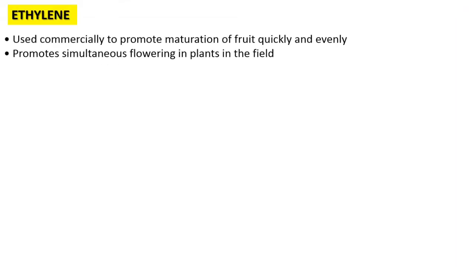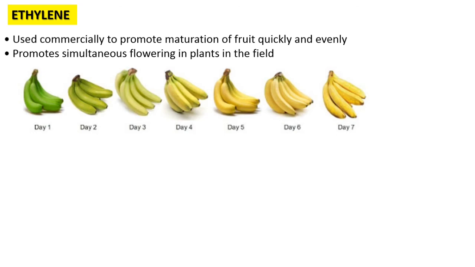Ethylene. Ethylene is used commercially to promote maturation of fruit quickly and evenly, and promotes simultaneous flowering of plants in the field. This is the effect of ethylene, naturally produced during the ripening of fruit.